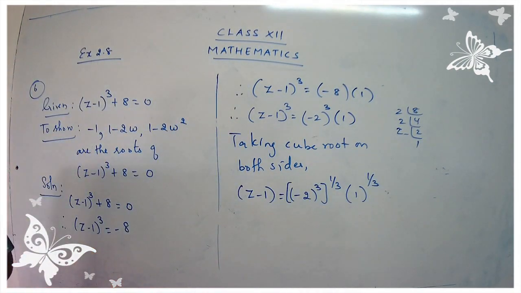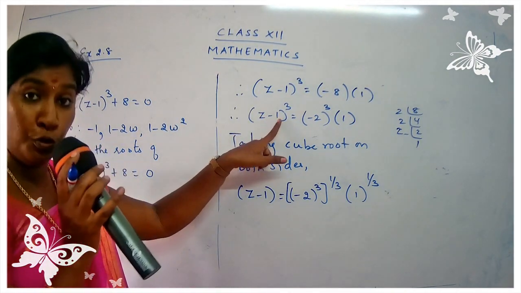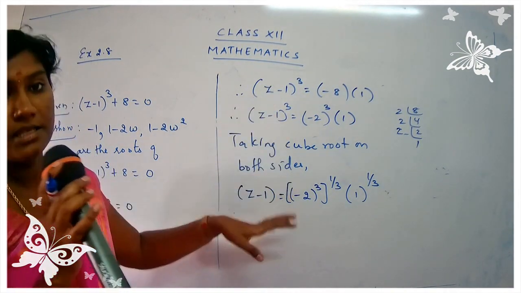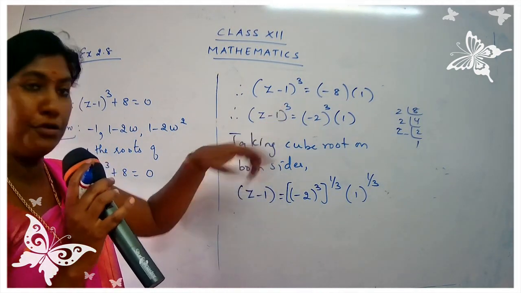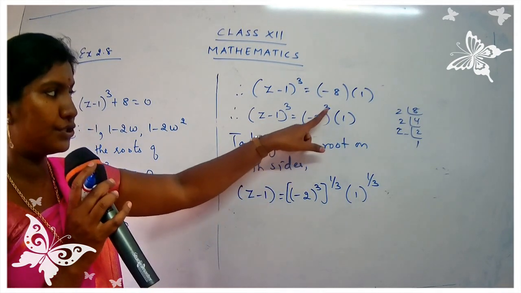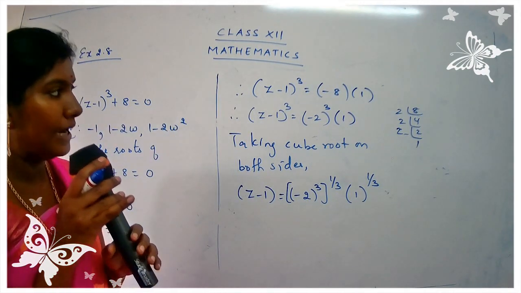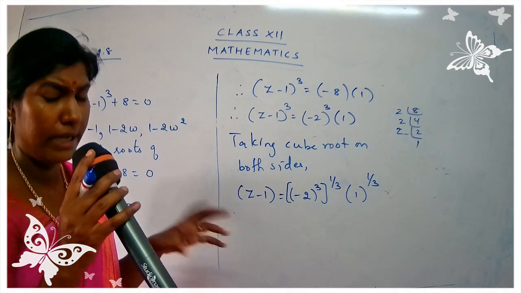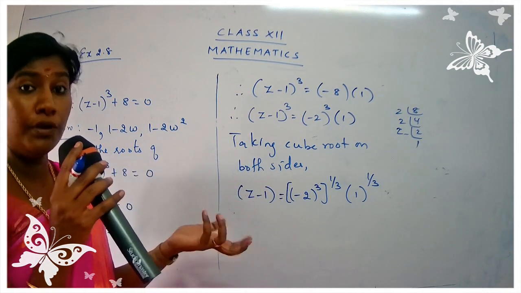So just see the arrangements, children. The power, the cube gets cancelled off because we are taking cube root on both sides. So cube root and cube get cancelled and you get z minus 1. It's minus 2 raised to 3. So I'm not going to use the cube root symbol. I'm just going to write down cube root in terms of power. We already discussed in the previous sum how to write the cube root in terms of power.